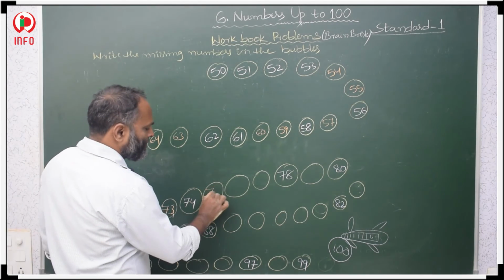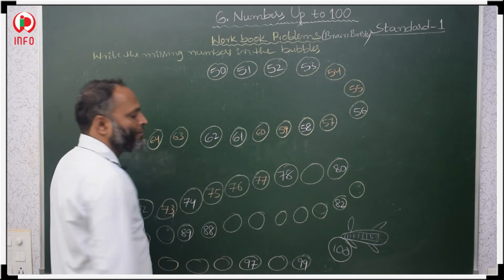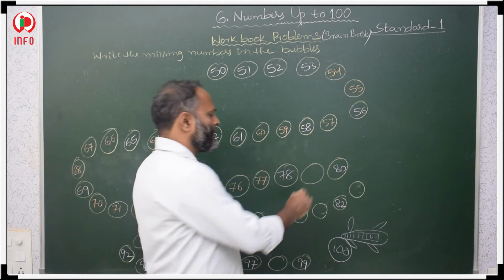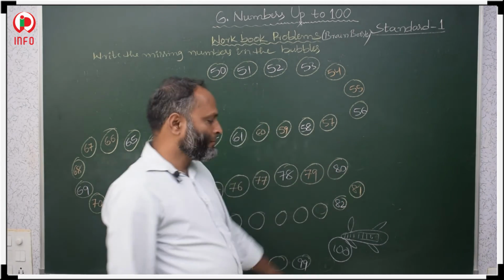Then after that 75, 76, 77, 78 is given, 79, 80. Then after that 81, 82.